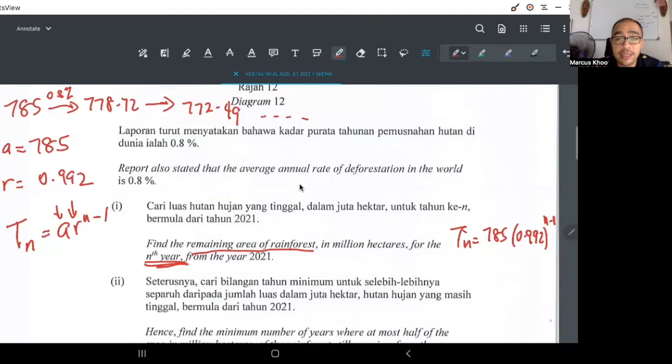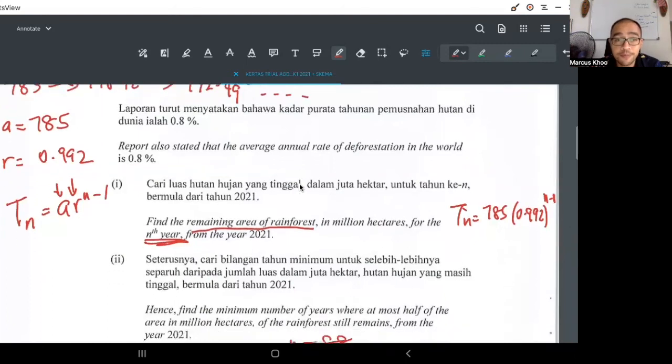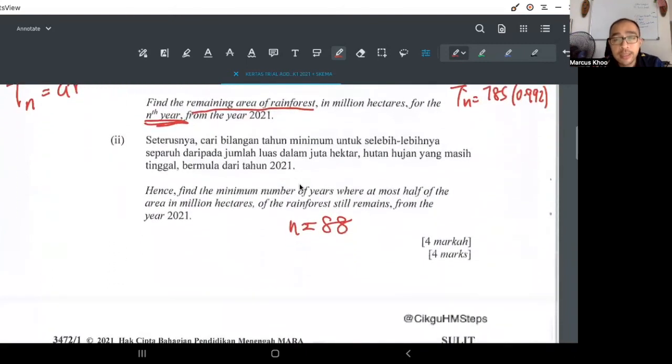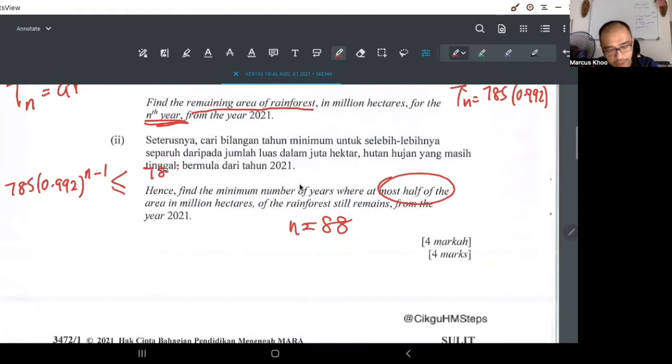The answer is in the formula itself. Hence, find the minimum number of years where at most half of the area remains. So 785 times 0.992 to the power of n minus 1 is less than 785 divided by 2, half.